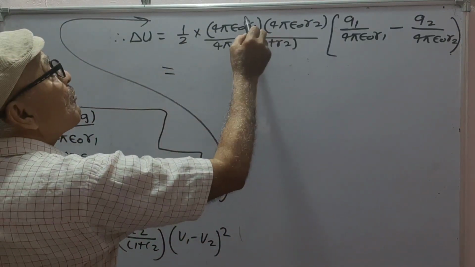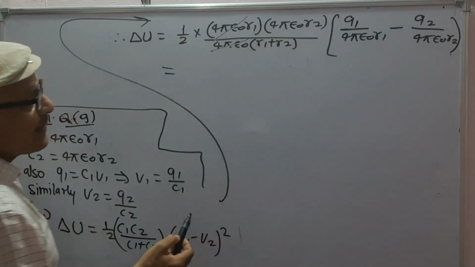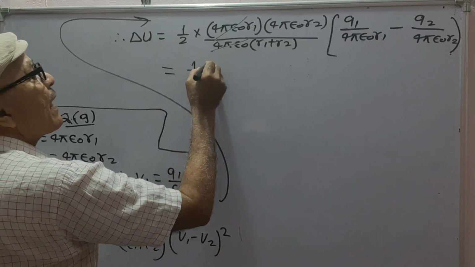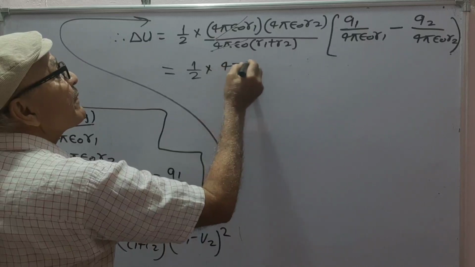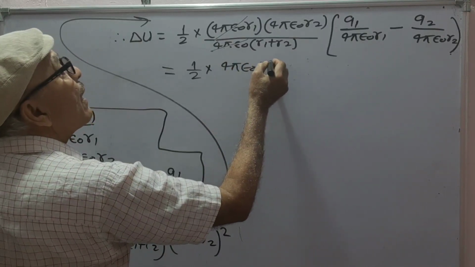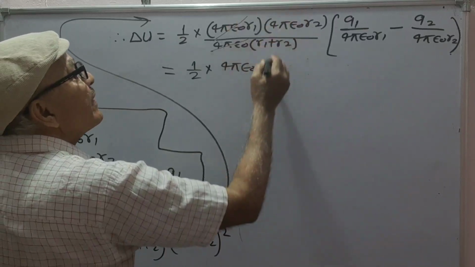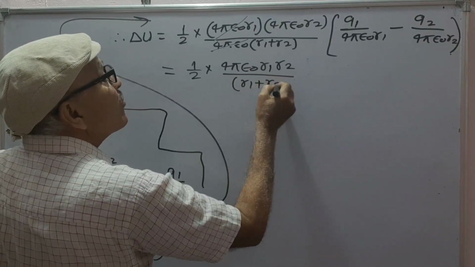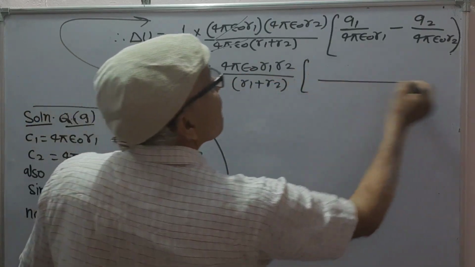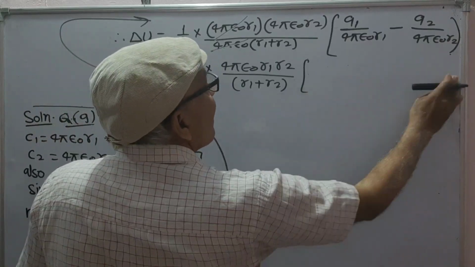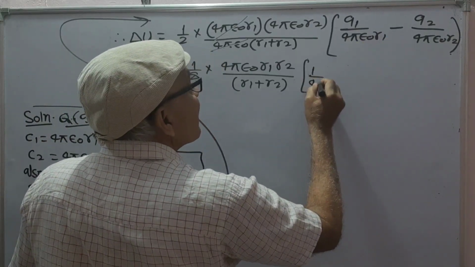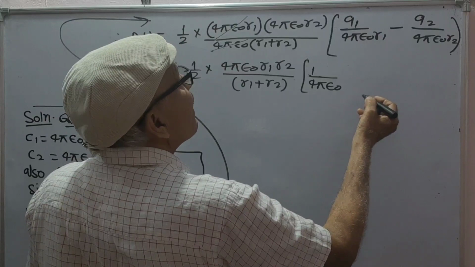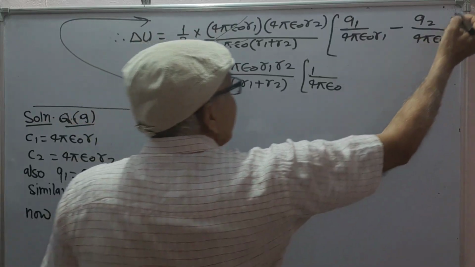Here 4 pi epsilon naught gets cancelled, so we get 1 upon 2 into this 4 pi epsilon naught R1 into R2 upon R1 plus R2. Here one upon 4 pi epsilon naught may be its square.